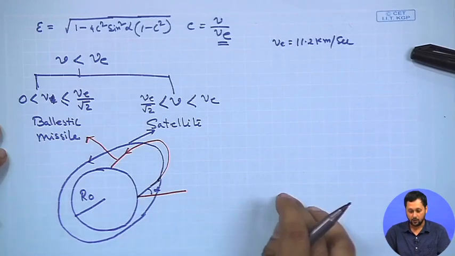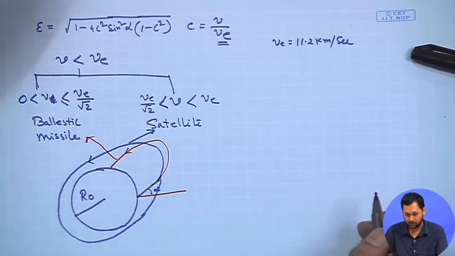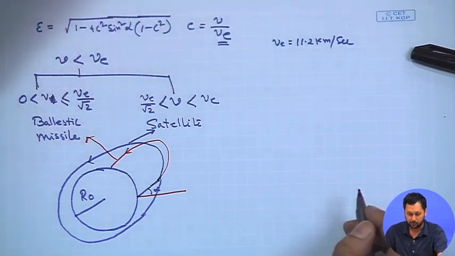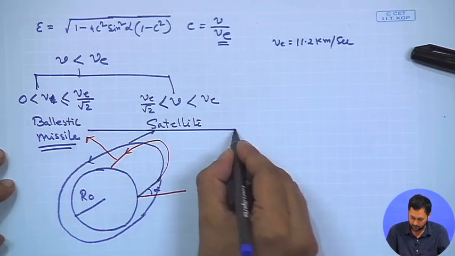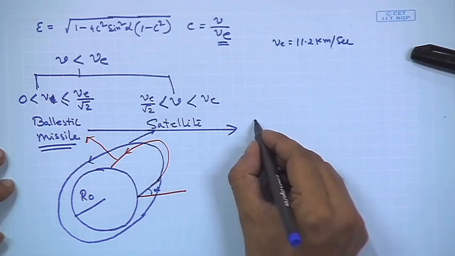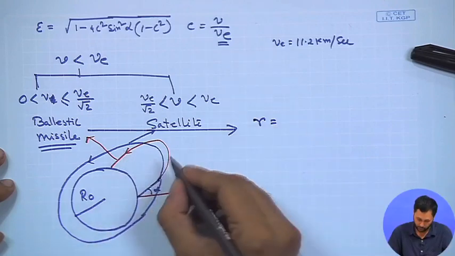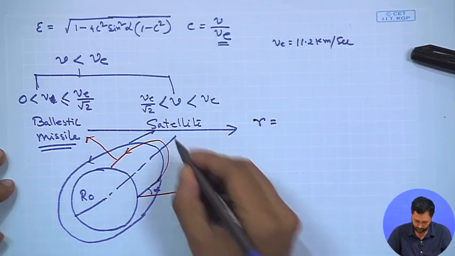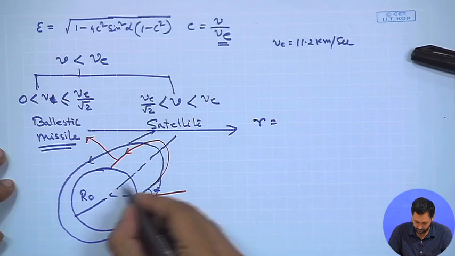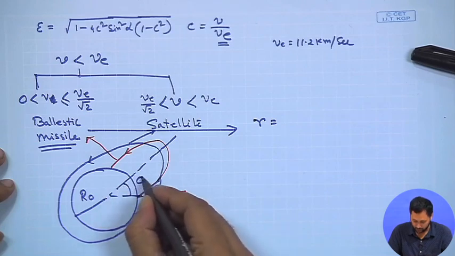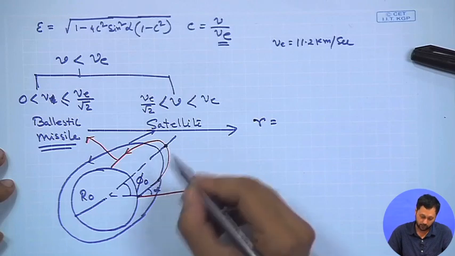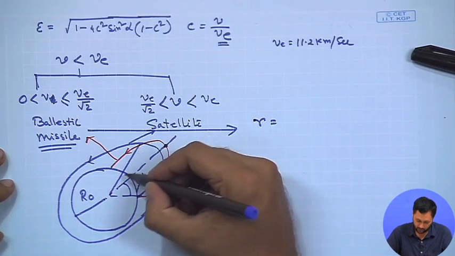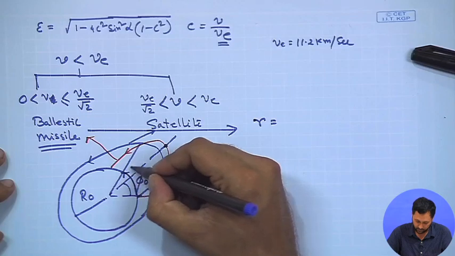Also, for the ballistic missile there are certain parameters which can be calculated. The relation is r for any point on the orbit. We have defined this angle as phi 0, the angle of the perigee, or apogee sorry, and any other angle is measured as phi.